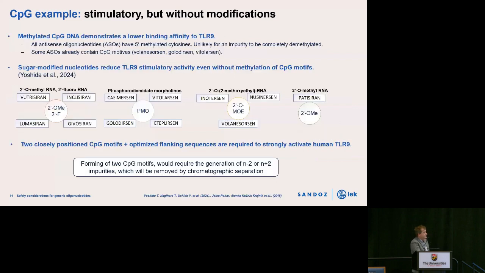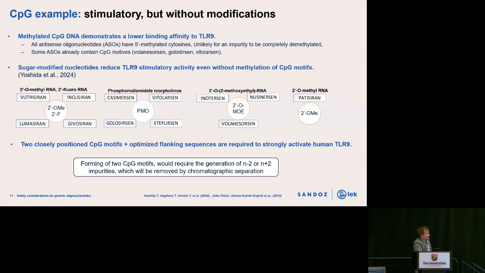So firstly, as you know, methylation of the cytosine in the motif demonstrates a lower binding affinity to toll-like receptor. And if you look at all the approved ASOs, we can see that all of their cytosines are methylated. So it is very unlikely for an impurity to arise which would be completely demethylated.